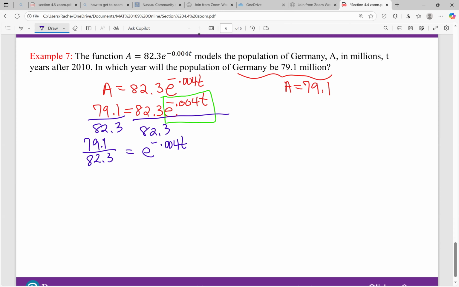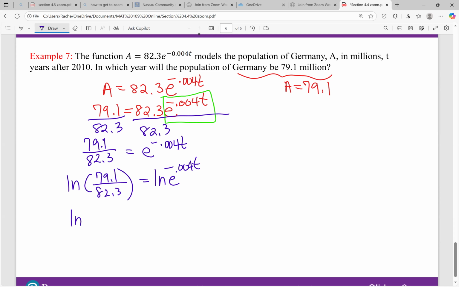Now that I isolated the exponent term, we're ready to take the log. But since we're in base e, I would take the natural log. So let's take the natural log of both sides. So we're going to take the natural log of 79.1 divided by 82.3, set that equal to the natural log of e to the negative 0.004t. Use your power property.